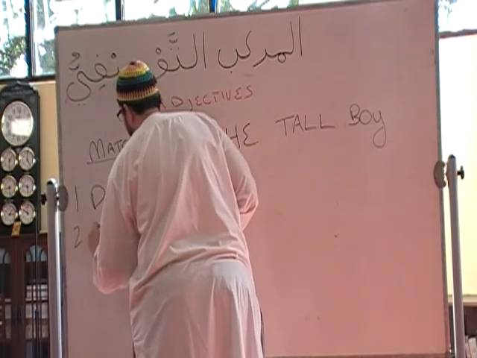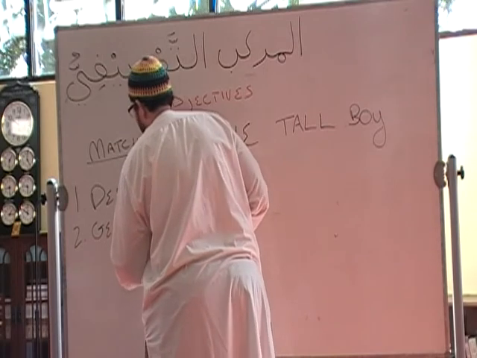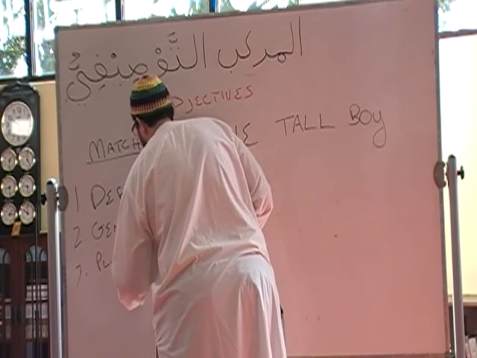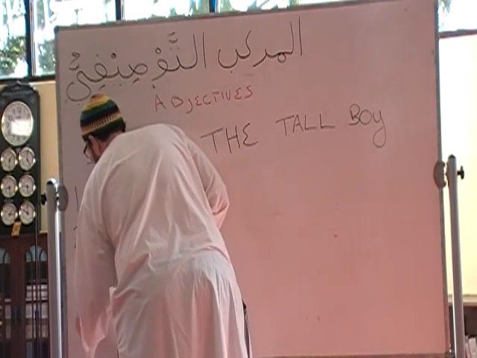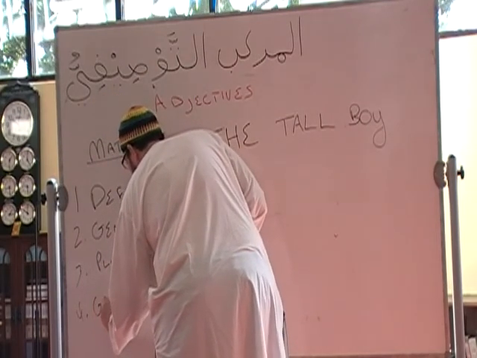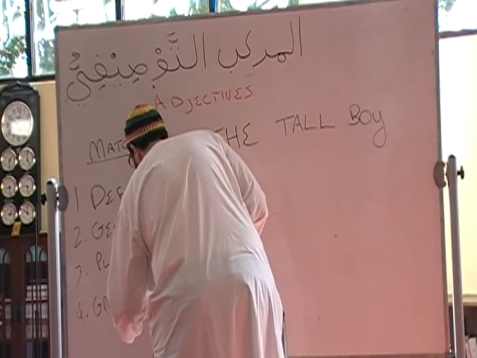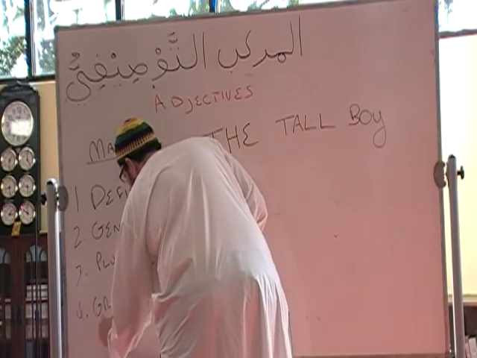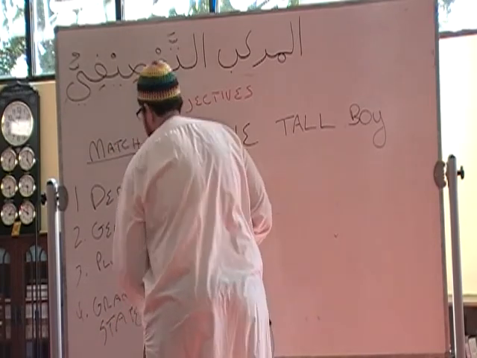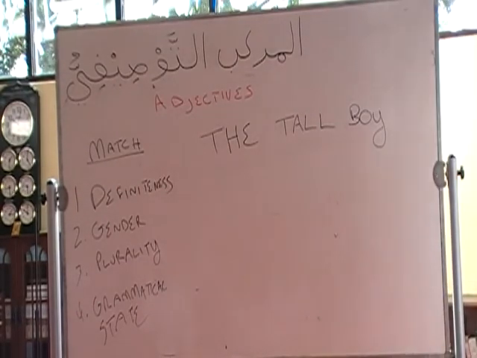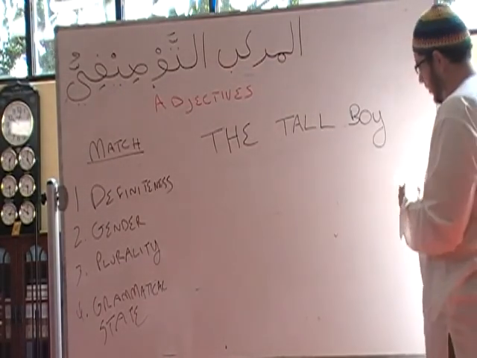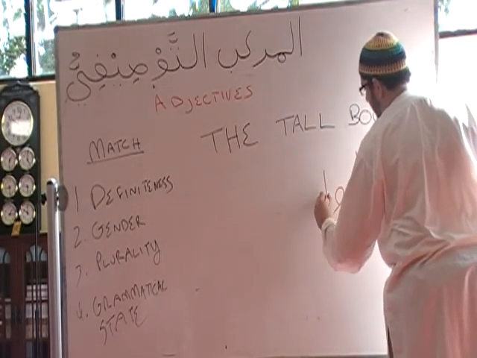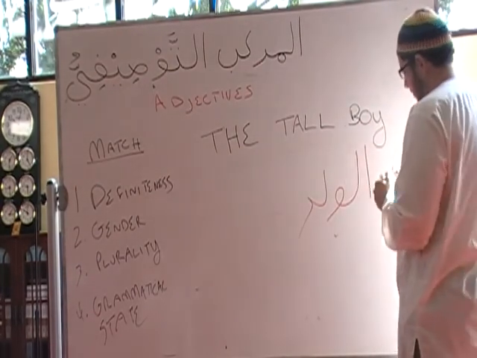Number 2, gender. Number 3, plurality. And number 4, grammatical state. So, al-waladu is boy, and then the difference between al-waladu and al-tawil.